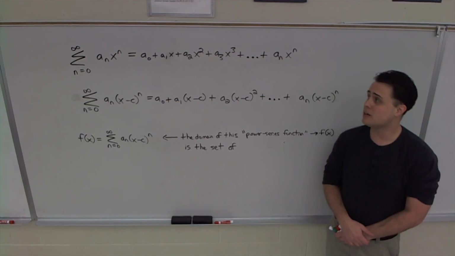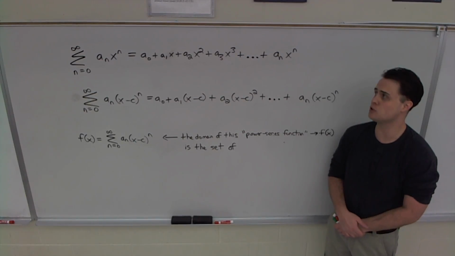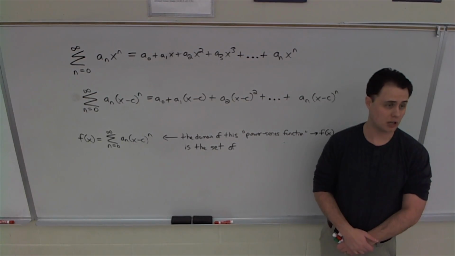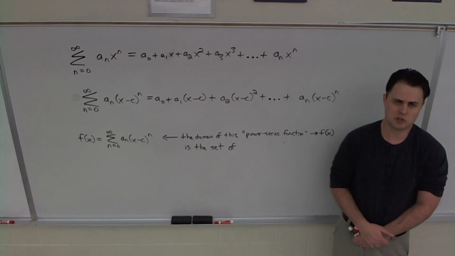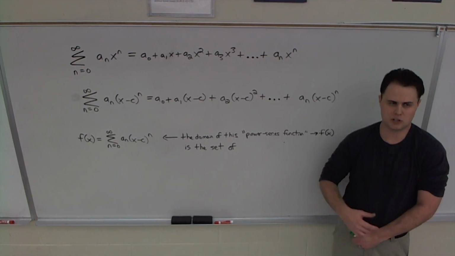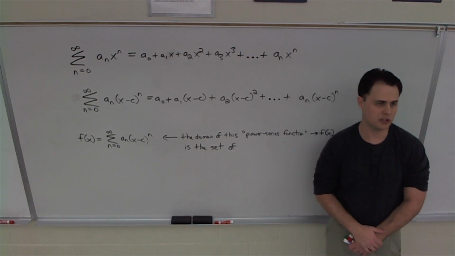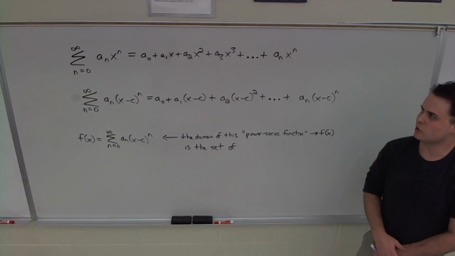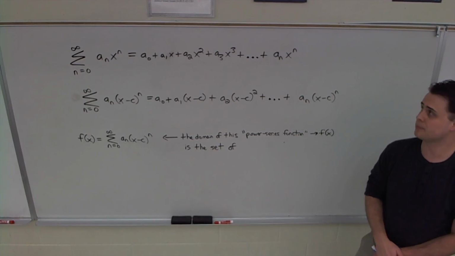Okay, so now I have the general version, or the definition, in other words, of a generic power series on the board. And I wrote 2 different power series down, because there's really two different ways to think about these. Well, not different ways to think, I should say. Just 2 we should be really comfortable with, okay? There's only a slight difference between the first general power series and the second one.